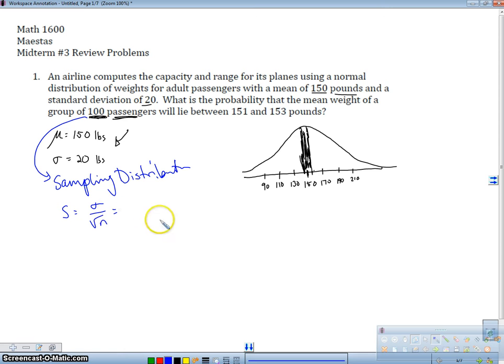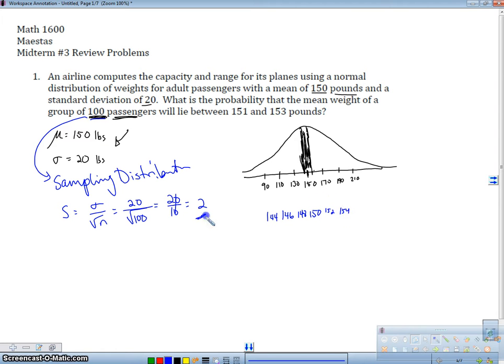So I'm going to go ahead and calculate that out. Sigma being 20, n being 100, and I'm going to get 2. So that's my s. So what I need for my sampling distribution is 150, and then 148, 146, 144, and 152, 154, and so on.